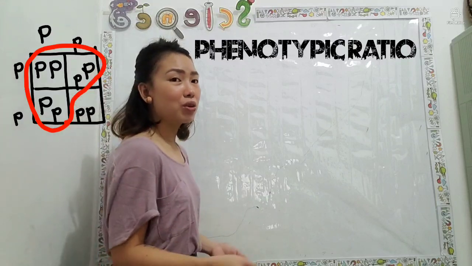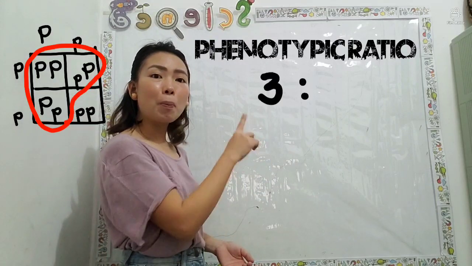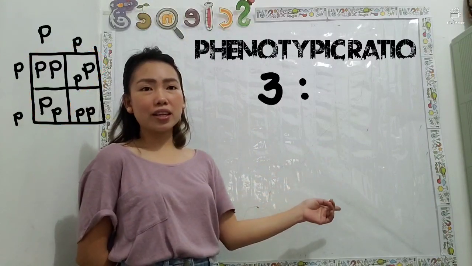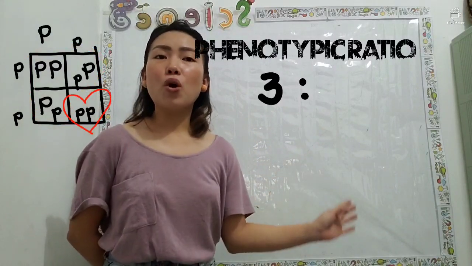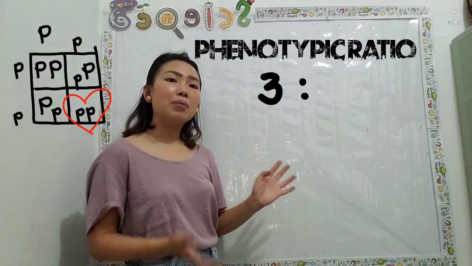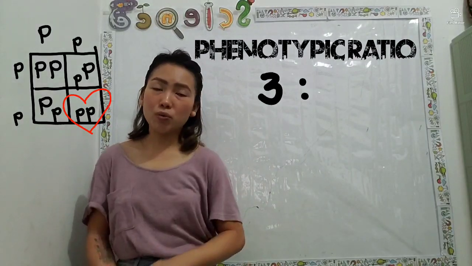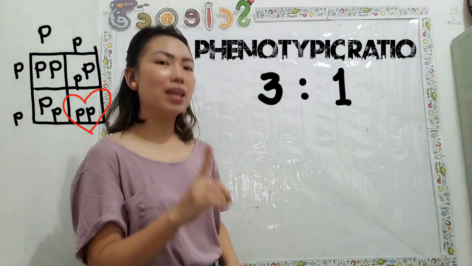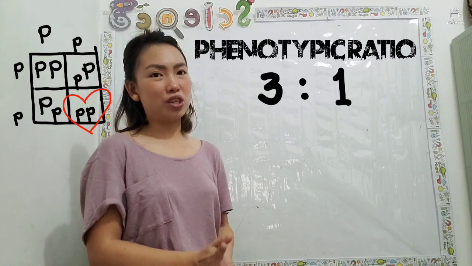So we have the phenotypic ratio 3 purple flower, and since meron tayong nag-iisang recessive o nag-iisang parehas na maliit na letra at ang kulay ng maliit na letra ay kulay puti, which is our recessive, then we produce only one recessive color, which is white.